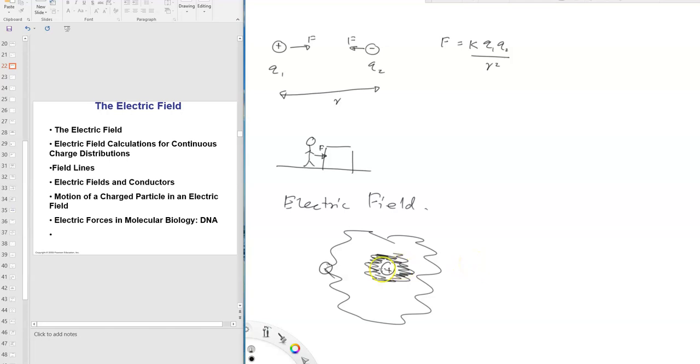So the better way to represent this electric field is, here's the point charge. Let's stay with the circular one first, a spherical charge, and we use something called electric field lines going away from this.